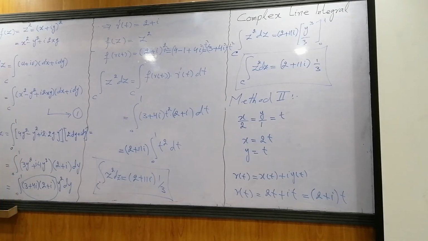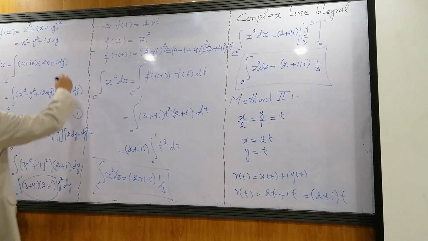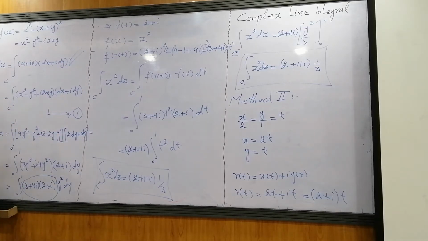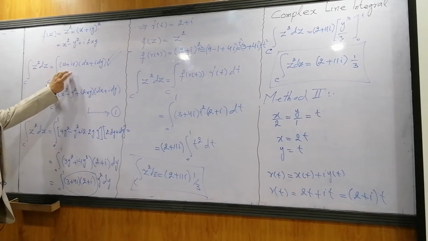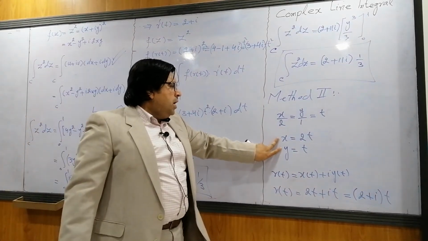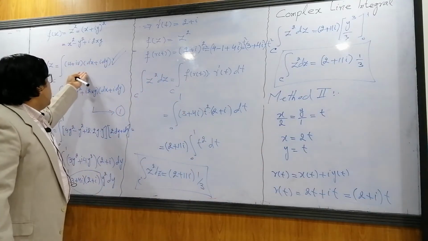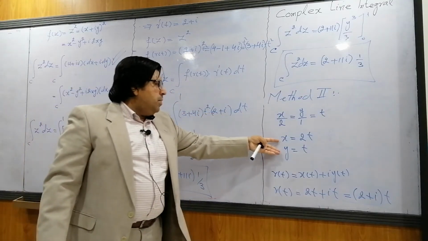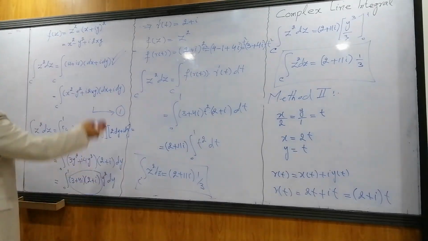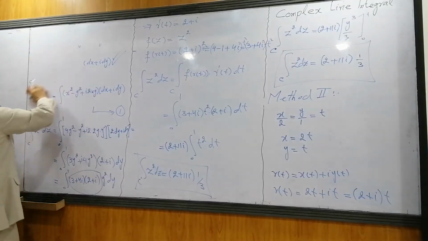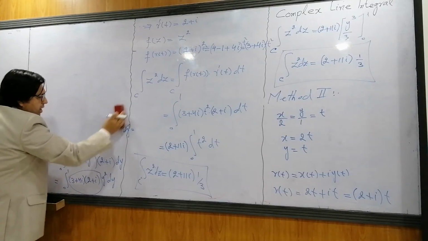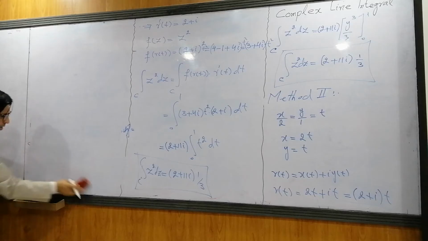Now in the next step I have to show you the third method. The third method is to use this equation when you have the curve in parametric form. Let us see method number 3, and you will see that from all these methods we can obtain the same answer.